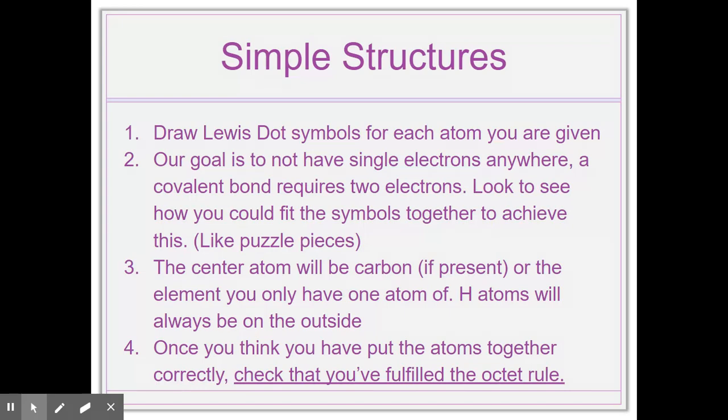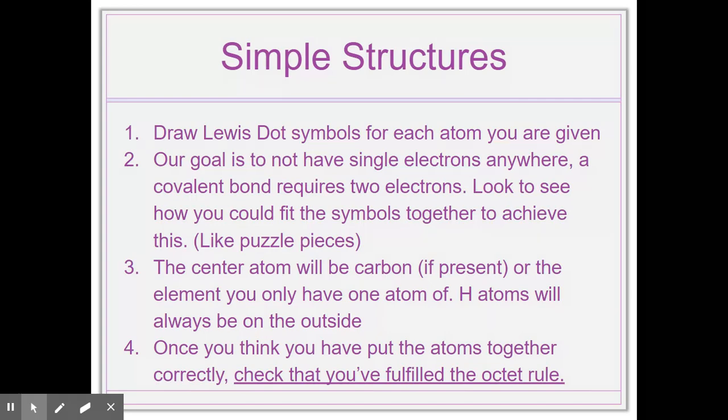A covalent bond requires 2 electrons. Once you've drawn all the symbols, you want to think about how we can fit these together to get this goal of not having single electrons. The analogy I like to use is a puzzle piece. That will make sense when we start to do these, but you want to ask how you can get rid of your single electrons.